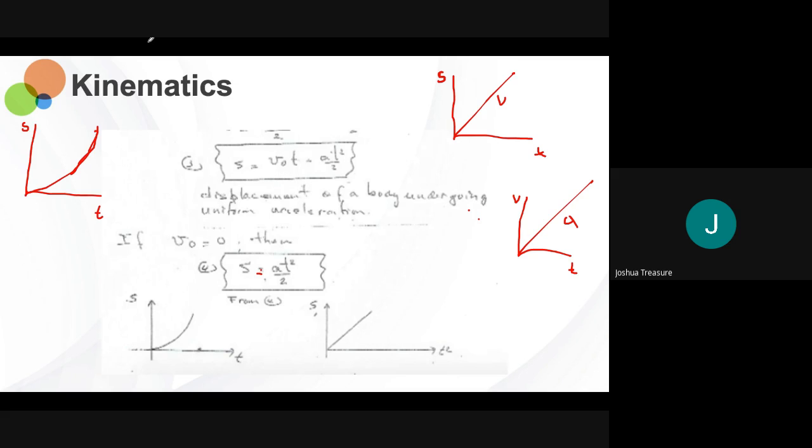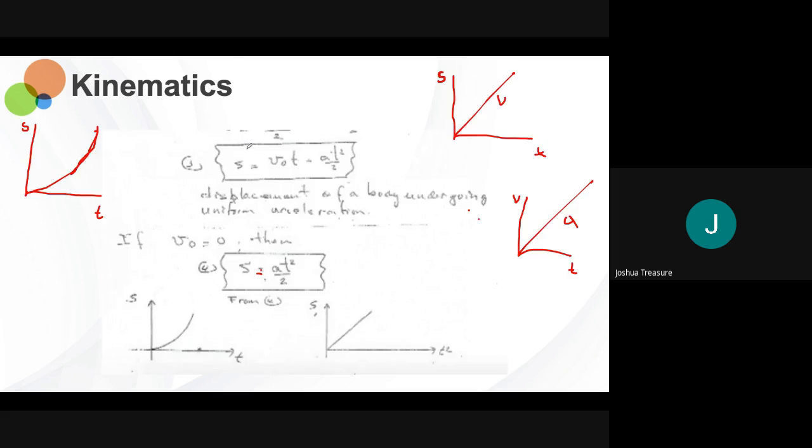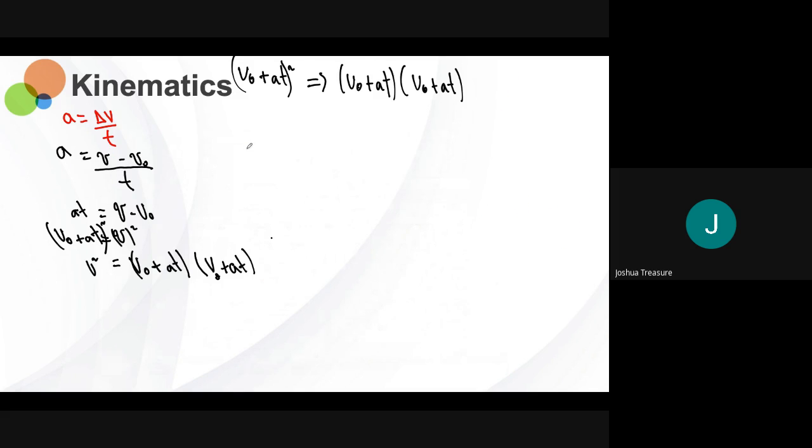You will start from the beginning, from the basic equation, and you should be able to prove that.